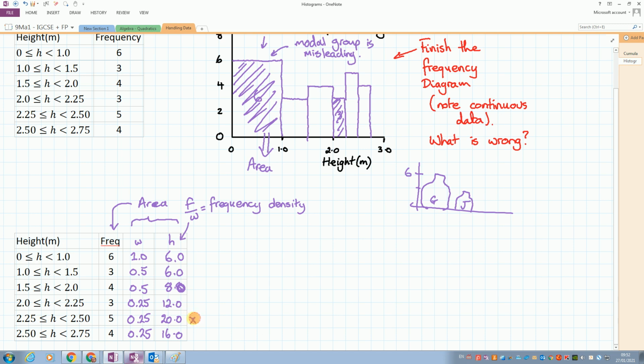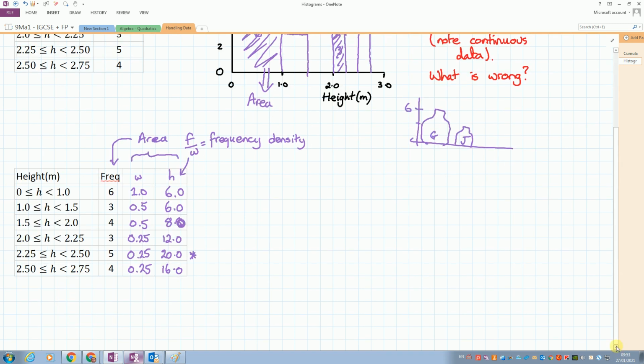This is the equivalent of a mode, although they don't often deal with it as, say, mode or modal group, but it's an equivalent thing. It is saying the most dense group is 2.25 to 2.5. And we can see that already. We'll have a look at it on the graph.